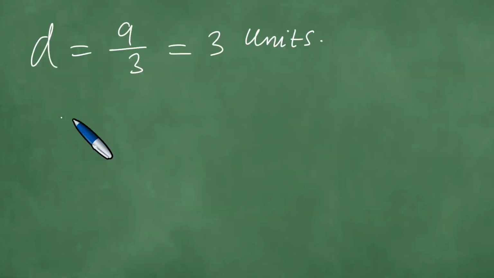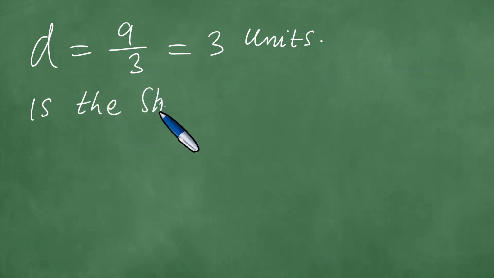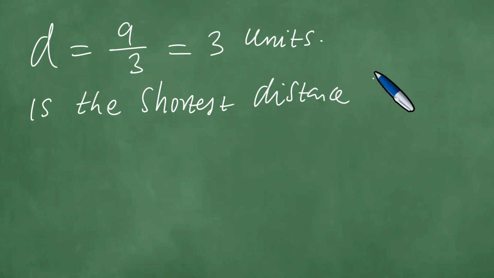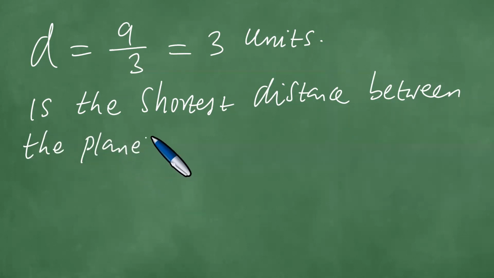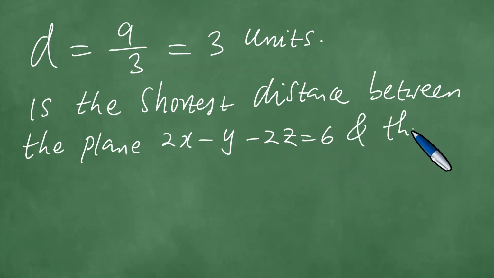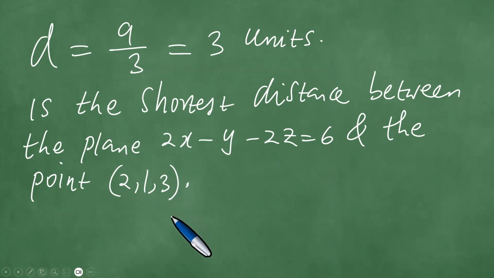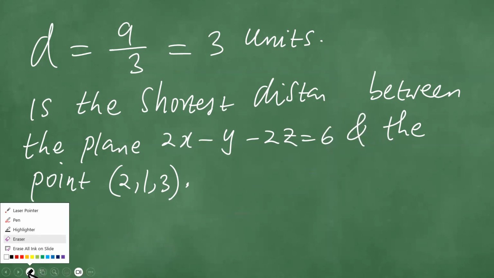Right, 3 units is the shortest distance between the plane 2x minus y minus 2z equals 6 and the point 2, 1, 3.